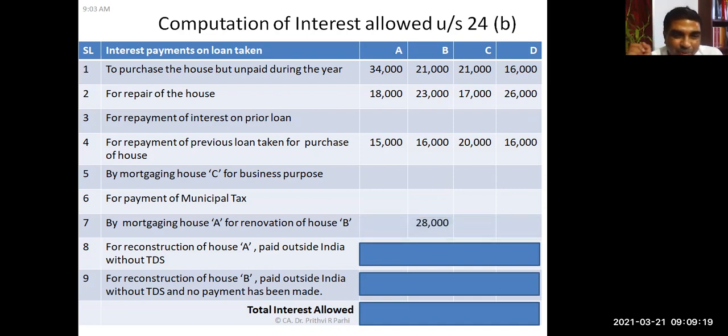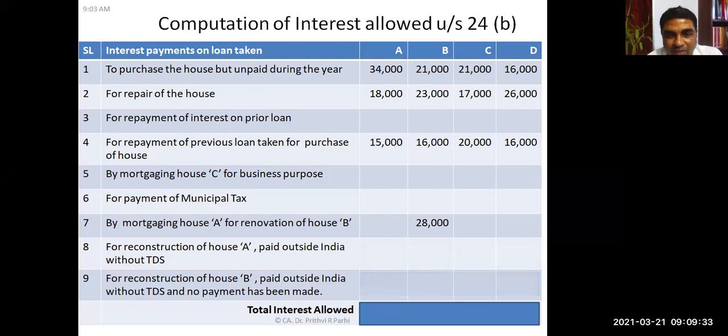For reconstruction of house A paid outside India without TDS, not allowed. Then for reconstruction of house B paid outside India without TDS, here also it is not allowed.